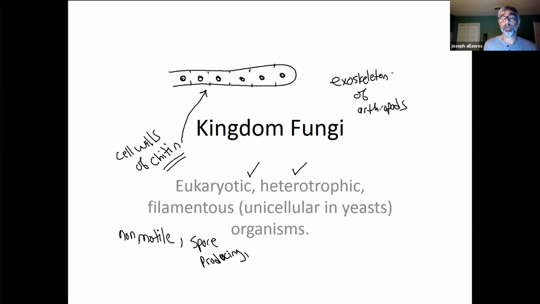What are arthropods? Arthropods are insects, spiders, crustaceans like shrimps and lobsters and crabs. The shell of a lobster is the same biomolecule as the cell wall of a fungus. So that is a clear biomolecular link that links the fungi, not to plants, but to animals.